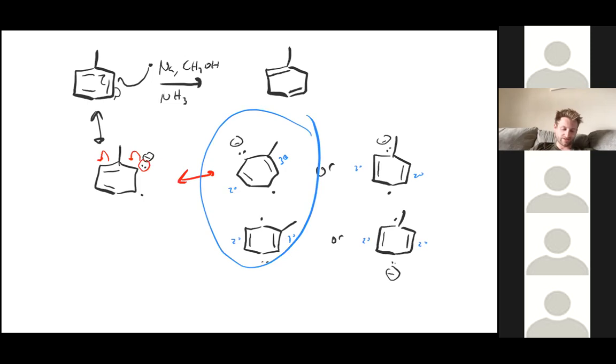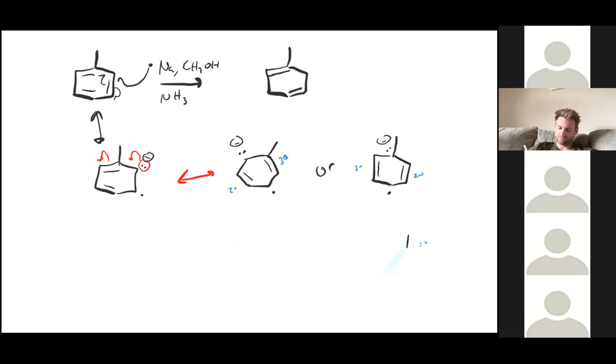So in our first step, we'll pick up a proton. I'm just going to do the top part of it as the example. So this could pick up an H plus and something like methanol.